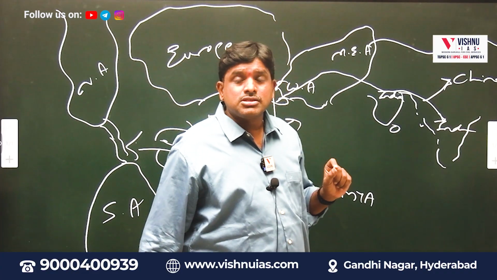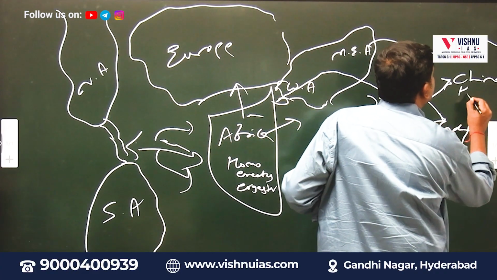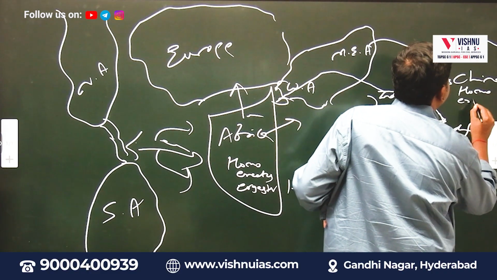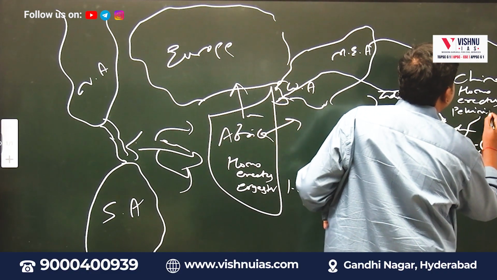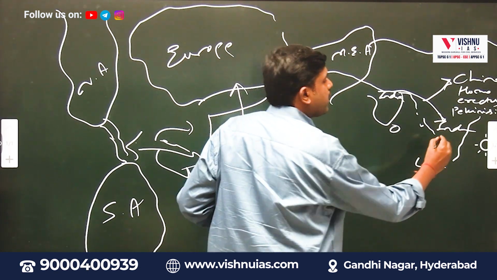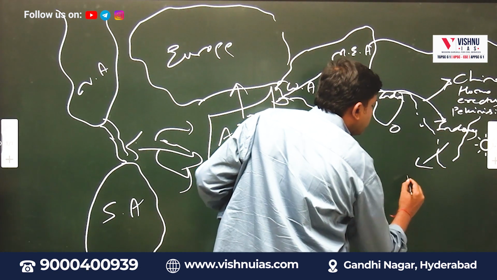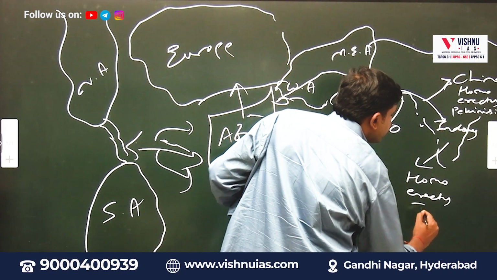The Homo erectus who settled in China are called Homo erectus pekinensis, and the Homo erectus who settled in Indonesia are Homo erectus javanicus.